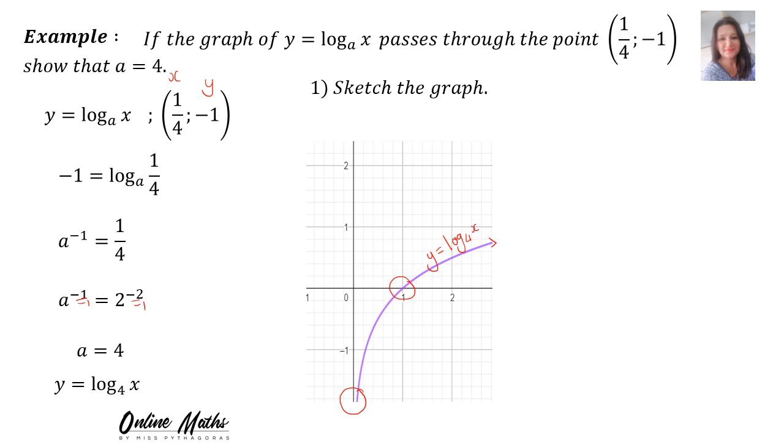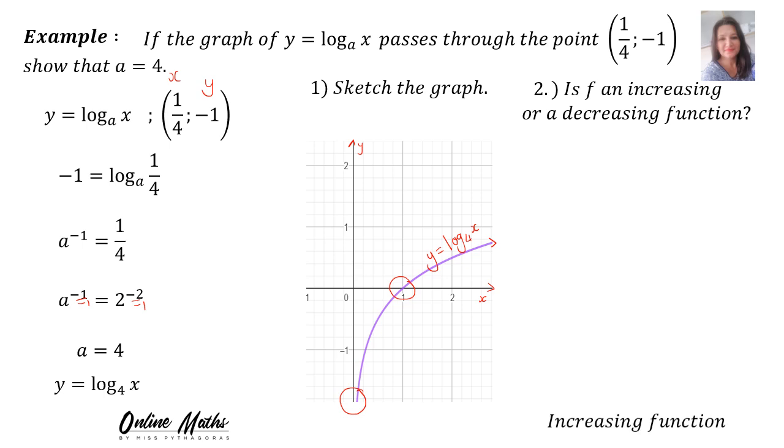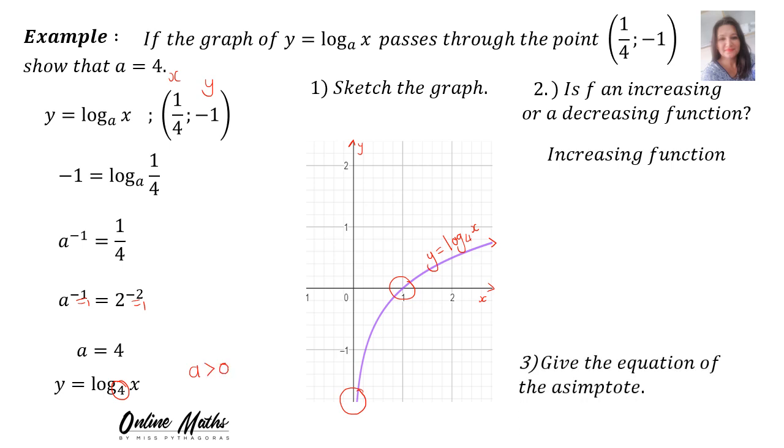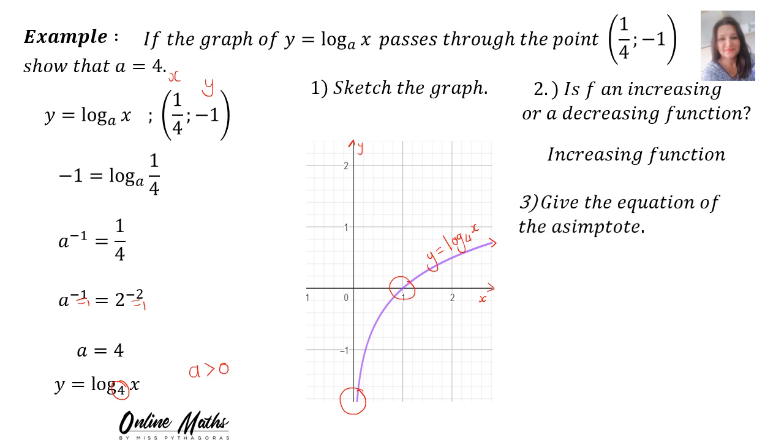Remember, you can put arrows on the x-axis and also the y-axis. 2, is it an increasing or decreasing function? It's an increasing function since a is greater than 1. 3, give the equation of the asymptote. The asymptote is the y-axis, therefore the equation x is equal to 0.